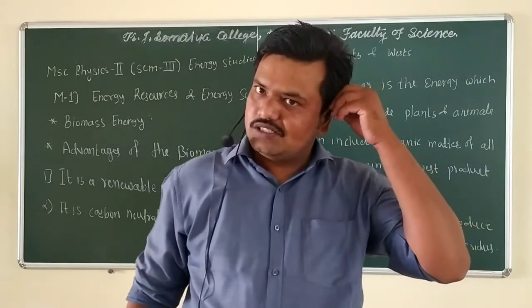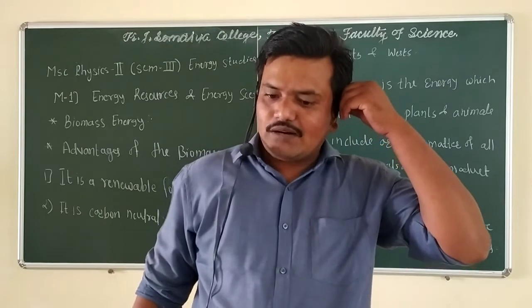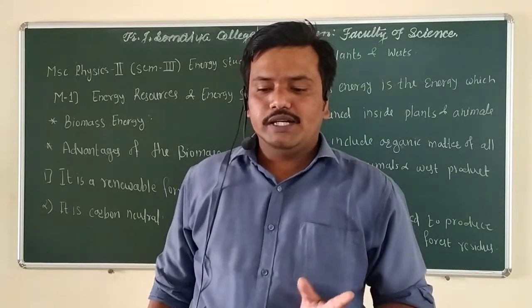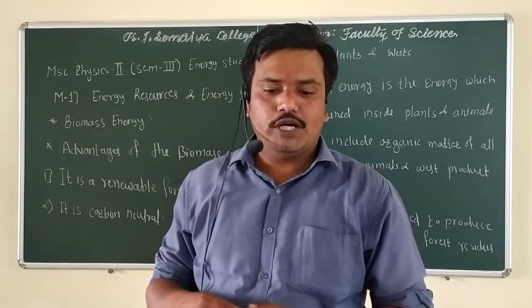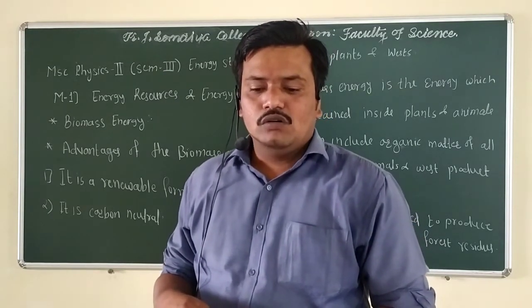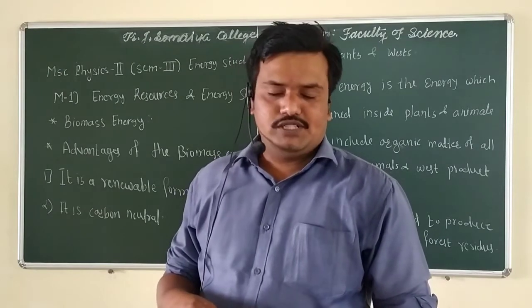of the carbon cycle, because the carbon is emitted to the environment from the burning of the biomass fuel and absorbed by the plants in the course of their life cycle.